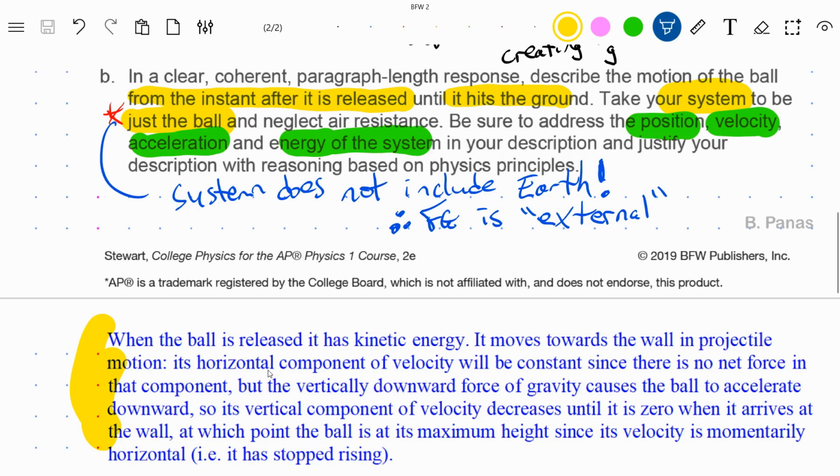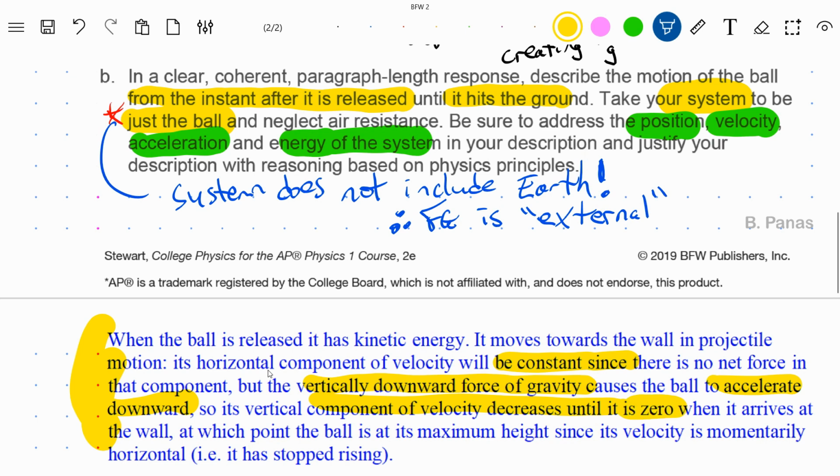So I'm even explaining why it's doing what it's doing. I'm not just stating the fact that it's moving this way, I'm trying to explain why. So it'll have a constant horizontal component of velocity since there is no net force in that component, but the vertically downward force of gravity causes the ball to accelerate downwards. So its vertical component of velocity decreases until it is 0.